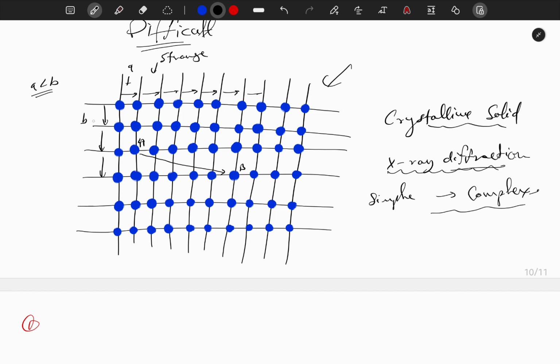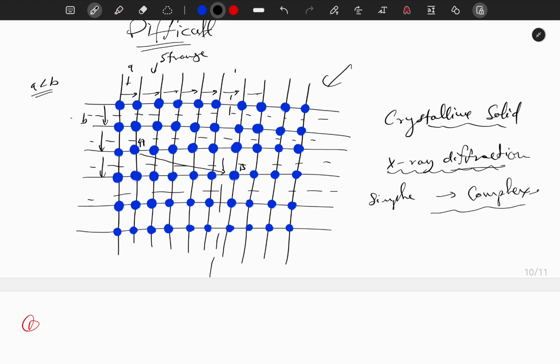So it is easy to cut a crystal through this plane. It is easy to cut the crystal through these planes, and relatively more difficult to cut through these planes.